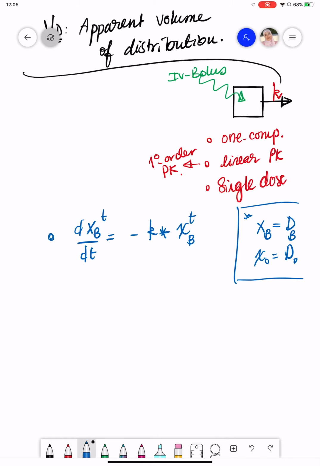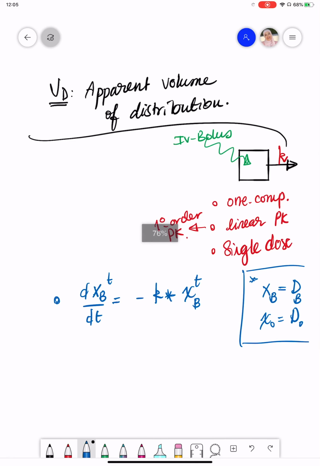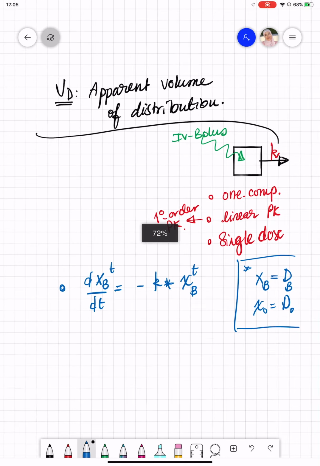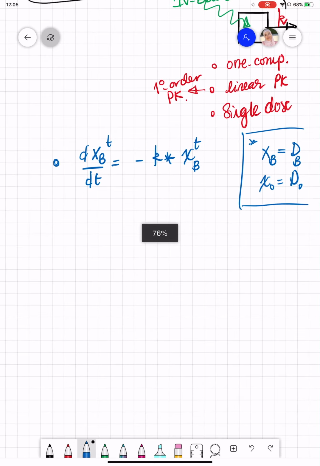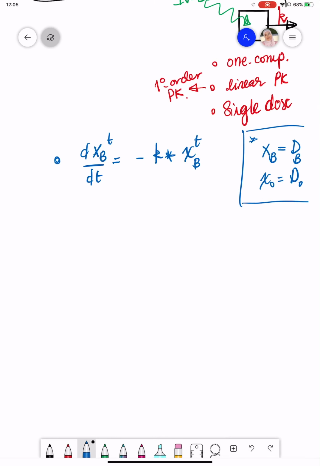This is the differential equation in which we said that after rearrangement and integration, we will have either an exponential equation, which is Xp at a certain time equals X node multiplied by the exponent term.